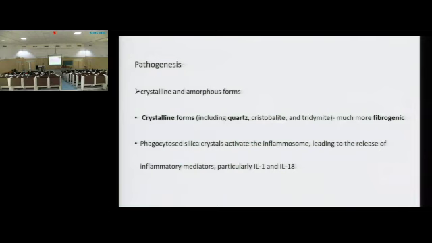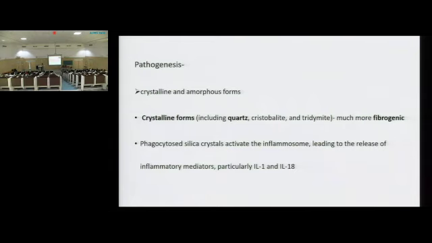So what are the forms of silica? The crystalline forms, the most common is quartz. The other forms, you have to remember these names, right? They can be asked. They are difficult, but you have to remember.